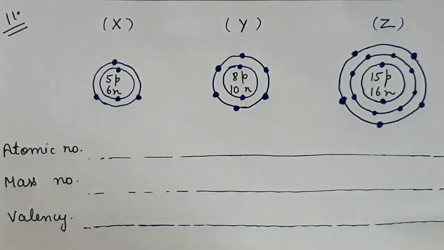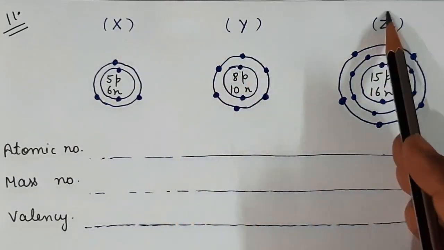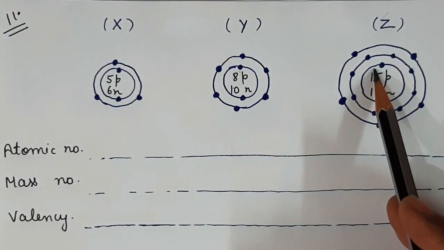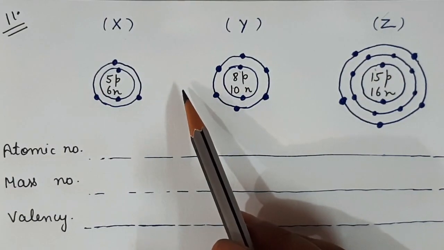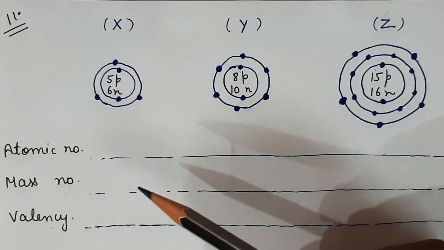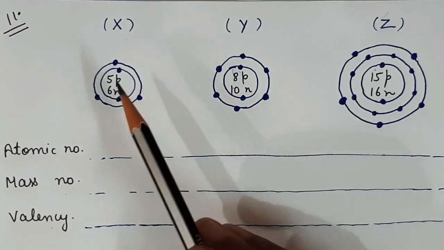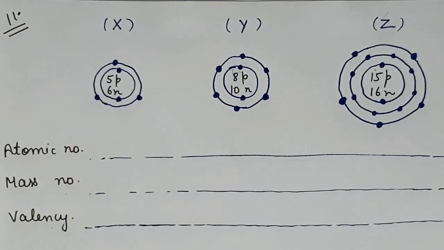Moving ahead to question number 11. What information do you get from these three figures X, Y, Z? The atomic number, the mass number, and the valency of the atom. So you have to tell in each case what is the atomic number, what is the mass number, and what is the valency.